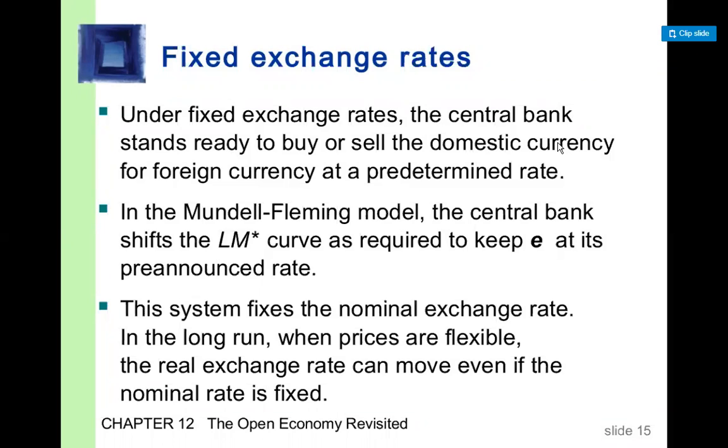Okay. The next one is we want to see the difference between the nominal exchange rate and the real exchange rate.